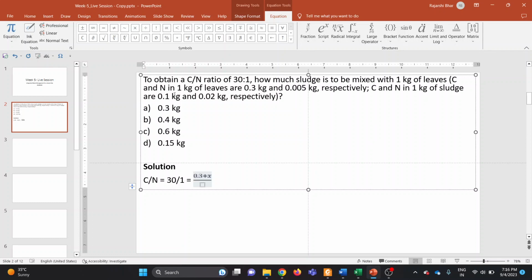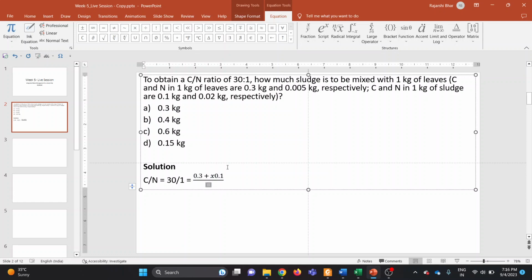It will have 0.1 kg of carbon is there in 1 kg of sludge. So X kg of sludge will have X into 0.1. This is the amount of carbon that will be present in this much sludge.